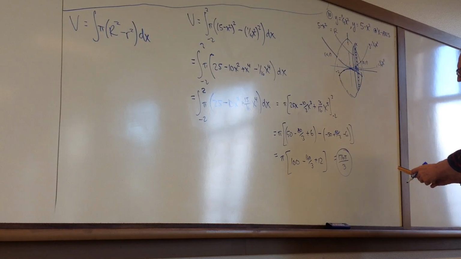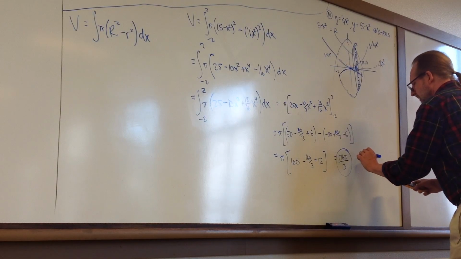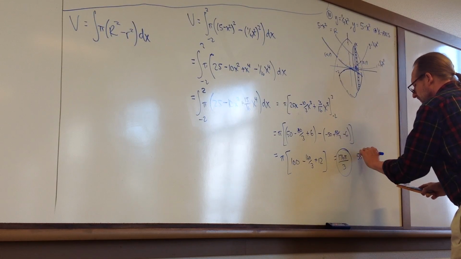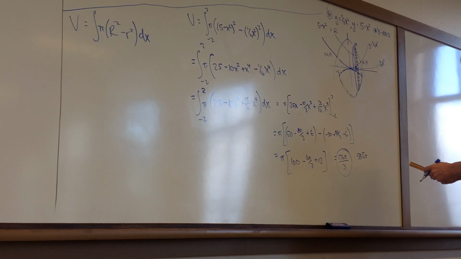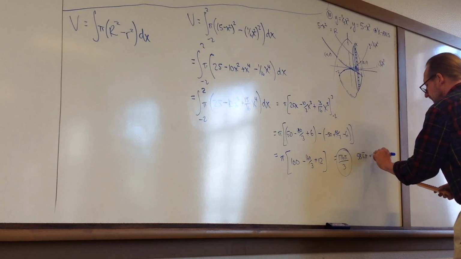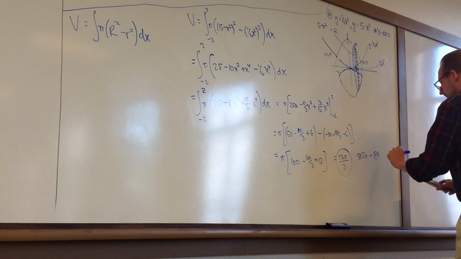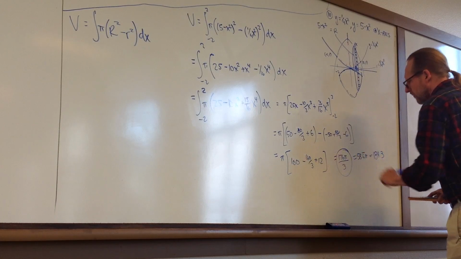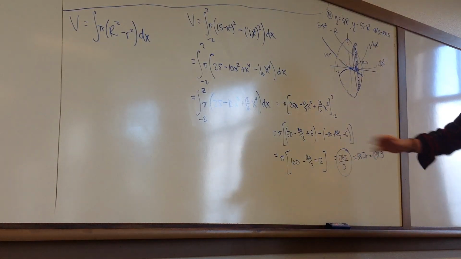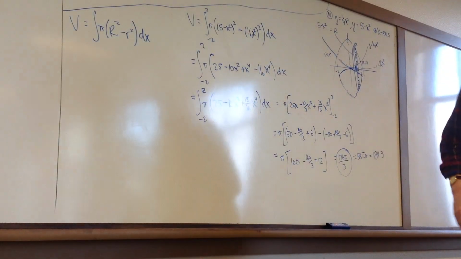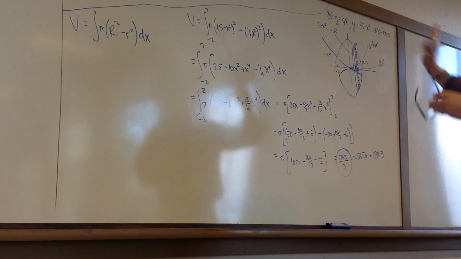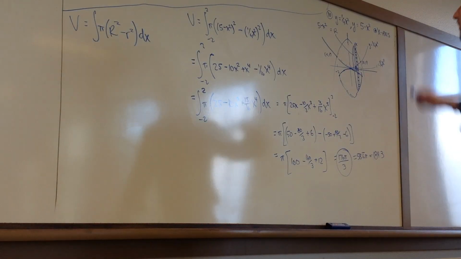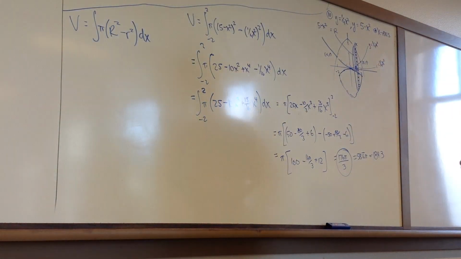If you want to, you can call this 58 2/3 times pi, and if you actually multiply that out, you can also express it as about 184.3. Okay, so any one of those three forms for the answer is fine. Okay. All right, so that's a washer problem going around the x-axis.